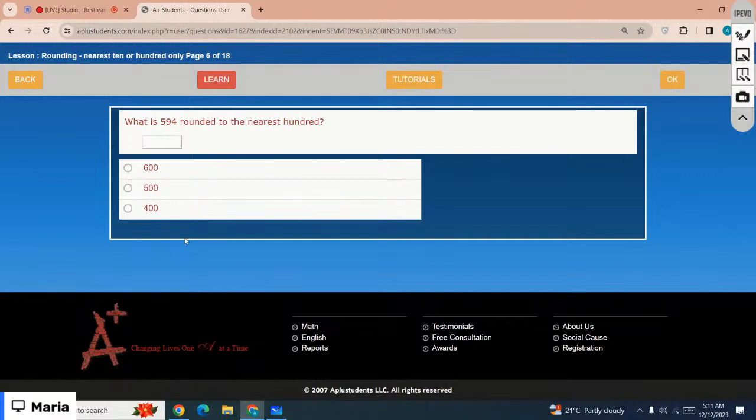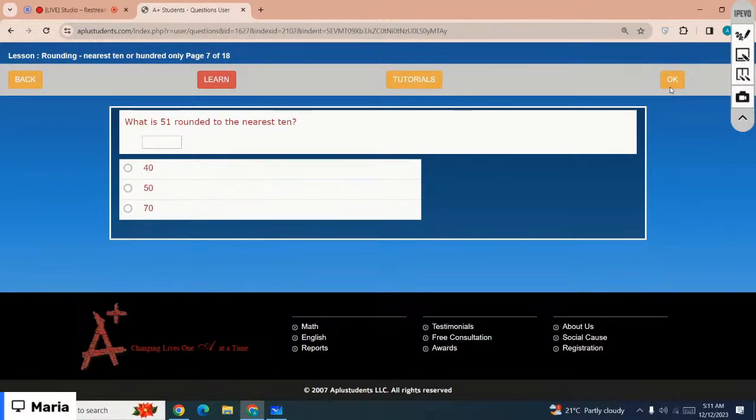Yes, the correct option is 600. 594 is rounded off to 600. What is 51 rounded to the nearest 10?